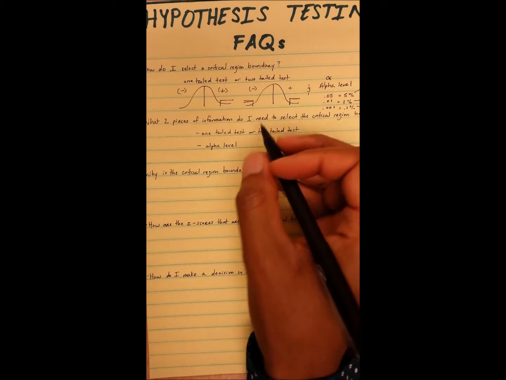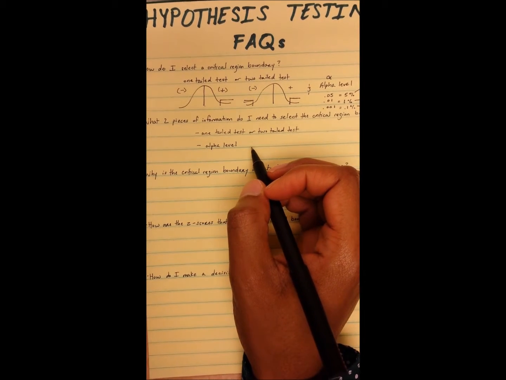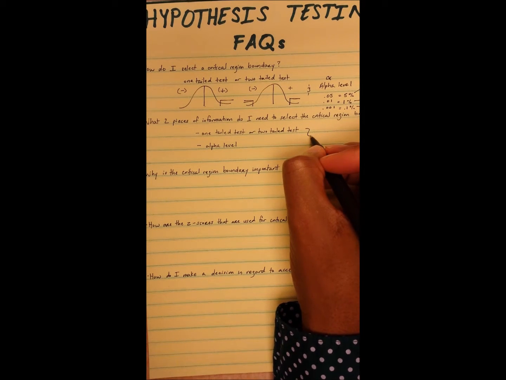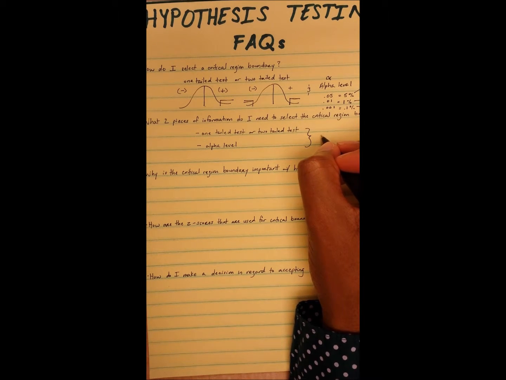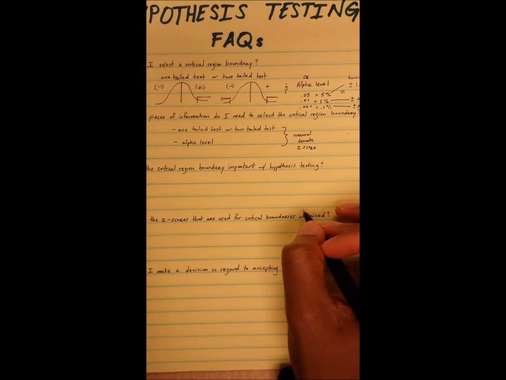You'll have to select one, one tail or two tail, one or the other. Alpha level, is it 0.05? Is it 0.01? Is it 0.001? And then from there, you'll know to go with a specific normal deviate z-score that represents your critical region boundary.